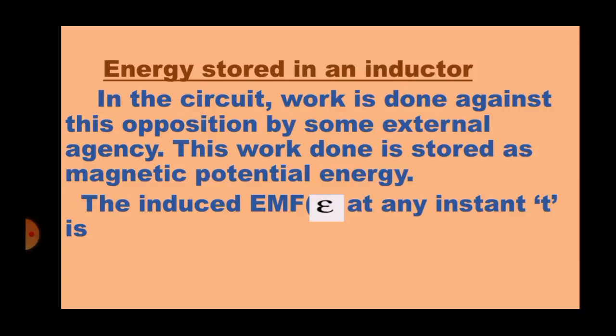So students, the magnetic flux is changing and produces induced EMF. This induced EMF is given by E is equal to minus L di by dt. This EMF opposes the changing current.